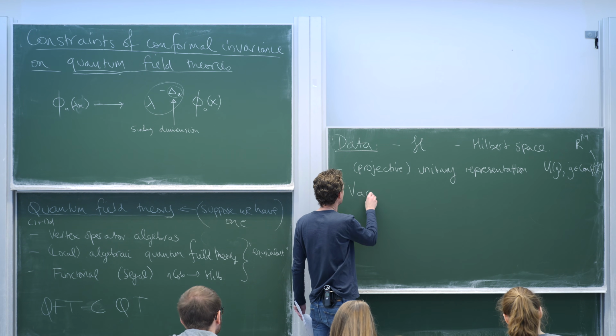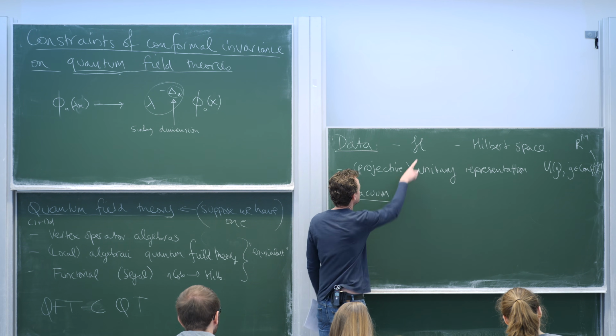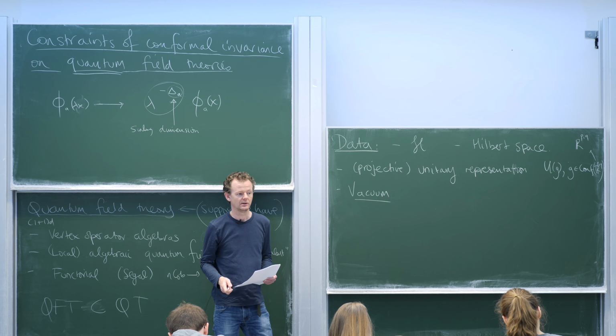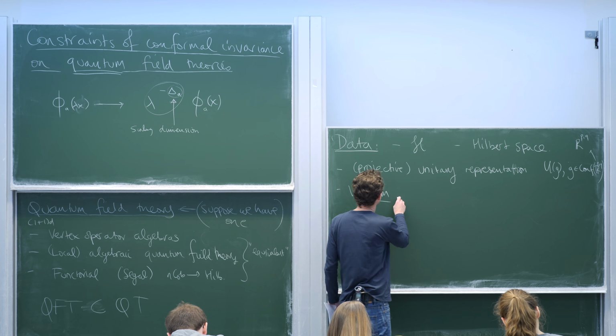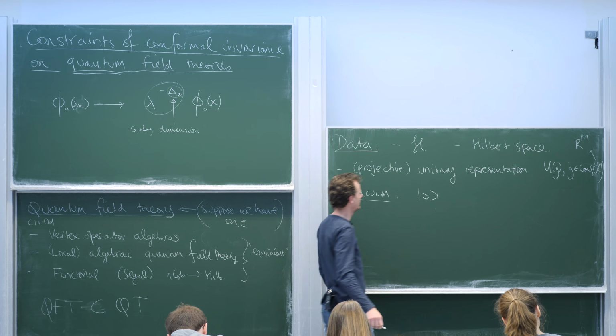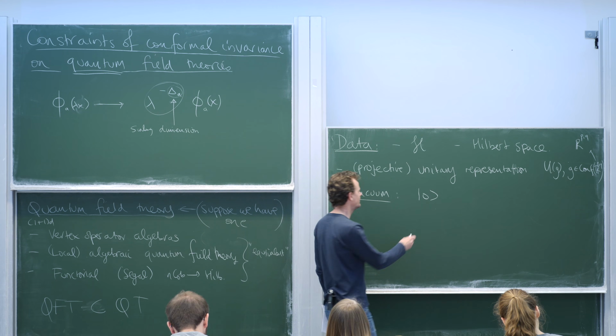Vacuum. So we're going to have something that we call a vacuum vector. There's a special vector in this Hilbert space, which we isolate and give a name. We call it |0⟩, the vacuum vector.